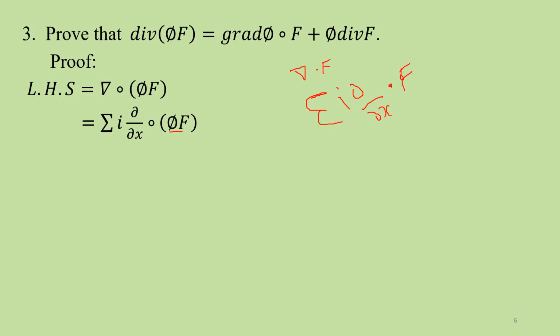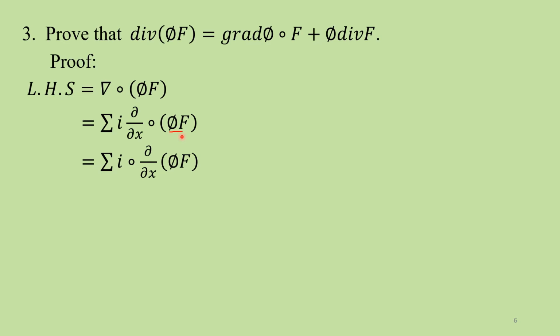So now I can use this result, what we have just taken, a dot phi b is equal to a phi dot b, or phi times a dot b. So here also, dou by dou x is a scalar, so I can shift it to here, that is, I take it as summation i of i dot dou by dou x of phi f.